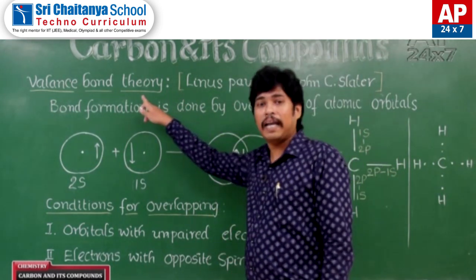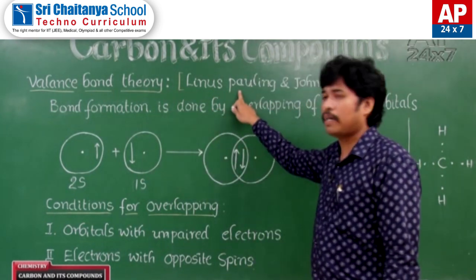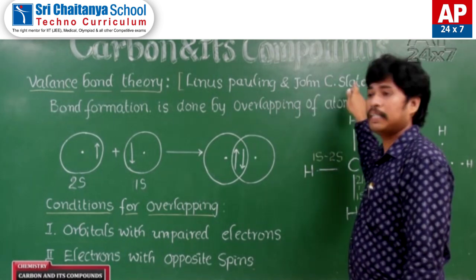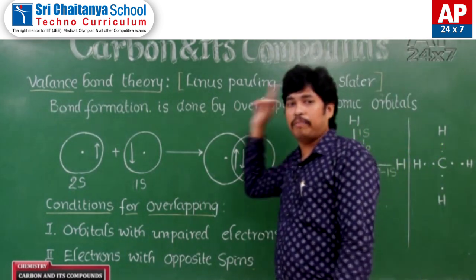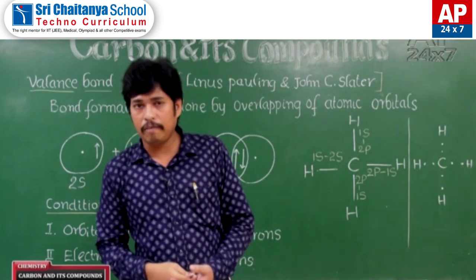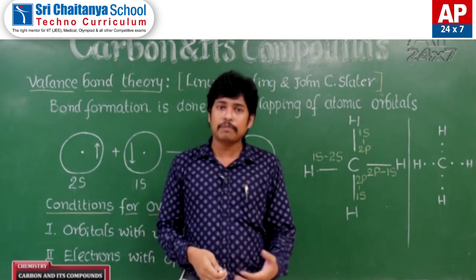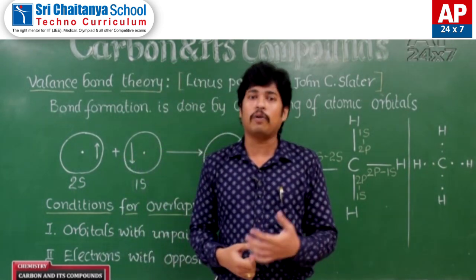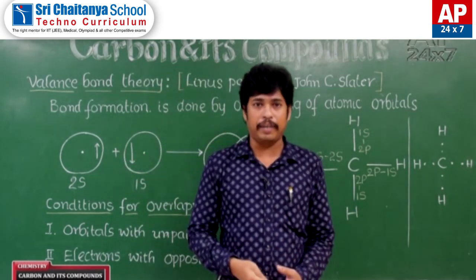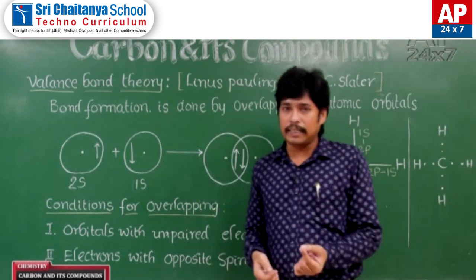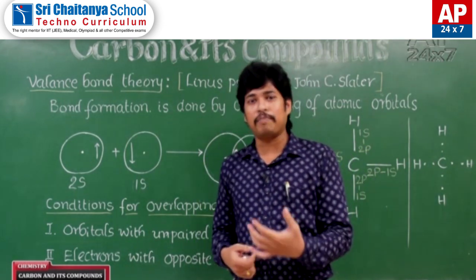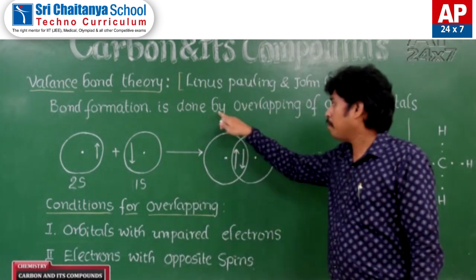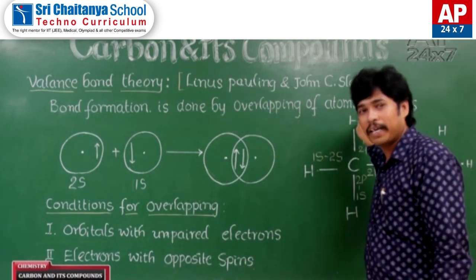Valence bond theory was mainly proposed by Linus Pauling and John C. Slater. These are the 2 people who were involved in the development of valence bond theory, in order to explain how covalent bond formation is observed by the overlapping of atomic orbitals. The main concept by which they explained the formation of covalent bonding is the overlapping of atomic orbitals.